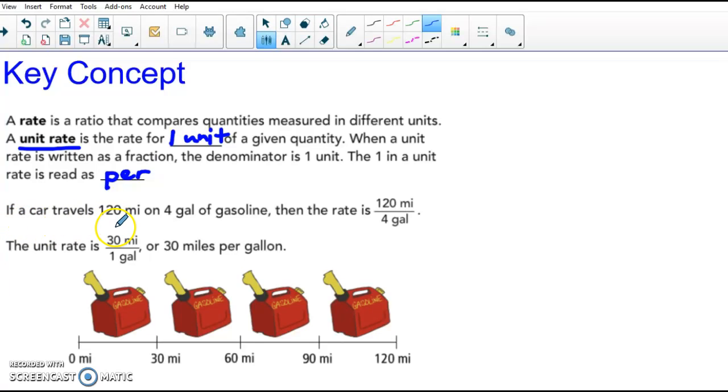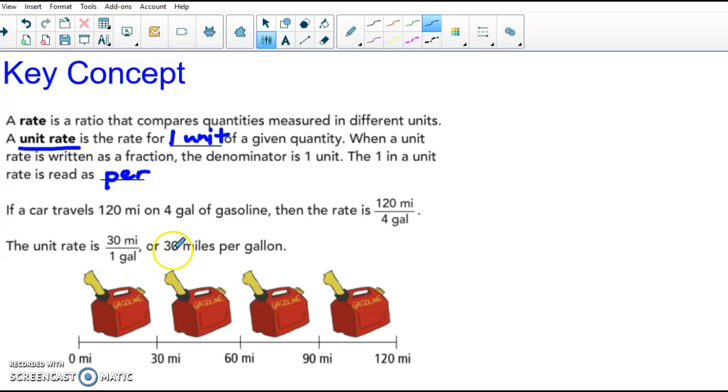So if a car travels 120 miles on 4 gallons of gasoline, then we would say the rate is 120 miles per 4 gallons. But I know that 120 fourths can be reduced. I can write it in lowest terms, and in fact, I can write it as a unit rate with 1 as a denominator. So when I divide the numerator and the denominator both by 4, I get 30 miles per 1 gallon.